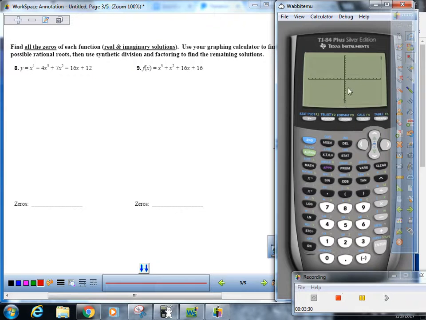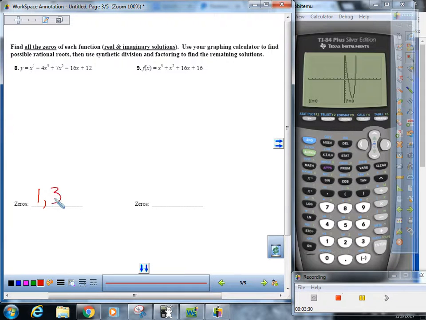By just taking a close look, we can see that one is at x equals 1, and one is at x equals 3. Okay, so we know right off the bat that two of our zeros are 3 and 1. So now we know our other two zeros must be imaginary.